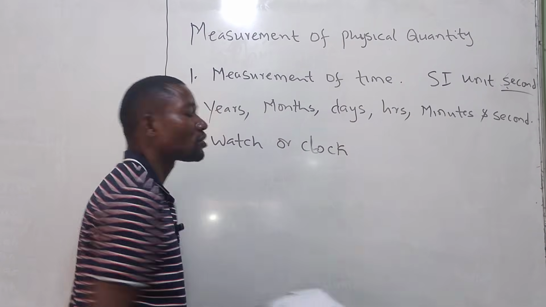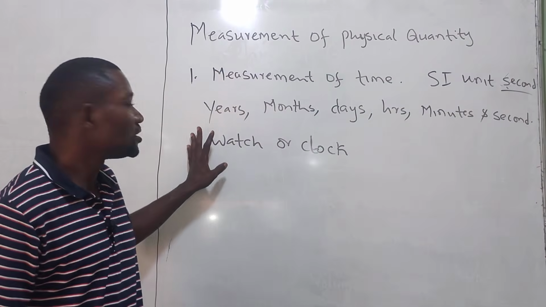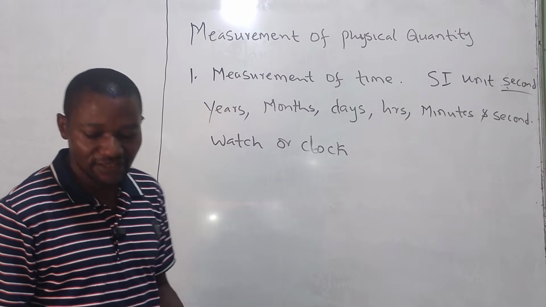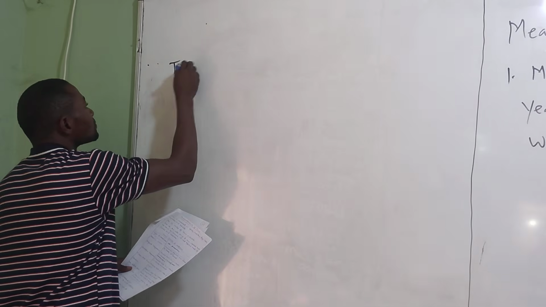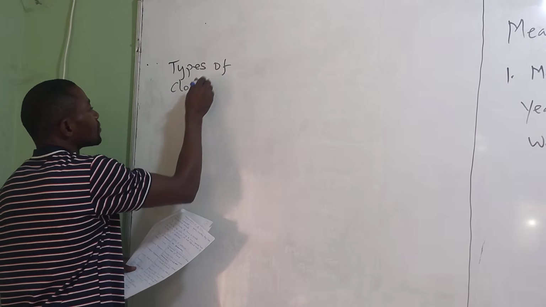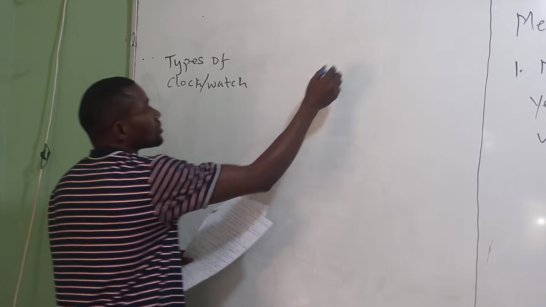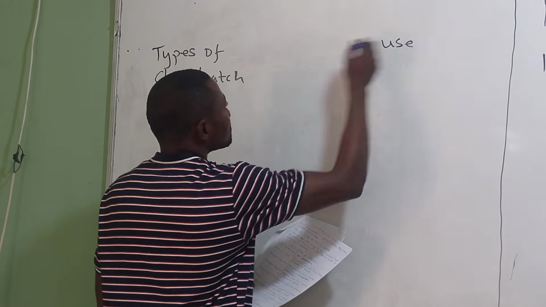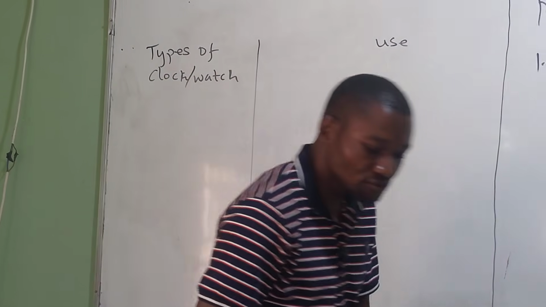And the type of clock or watch that one uses depends on the time interval. So let's look at types of clock or watch and their uses.